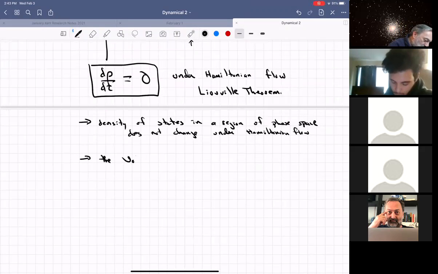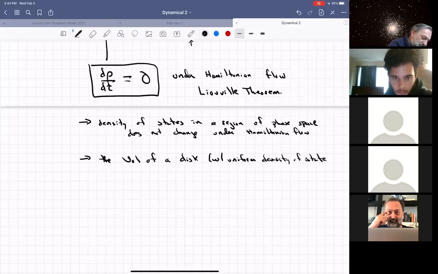The volume of a disk, say, with uniform density of states, so if you say that the initial density is uniform, then the volume of the disk in phase space is preserved under Hamiltonian flow.